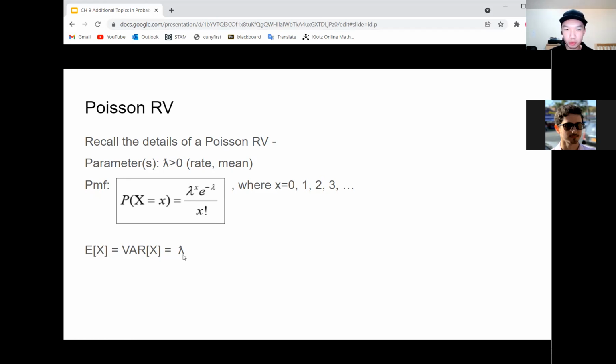And then, does anyone remember what the Poisson random variable is usually used to model? Like, what real life situations is this good for? Time or something.